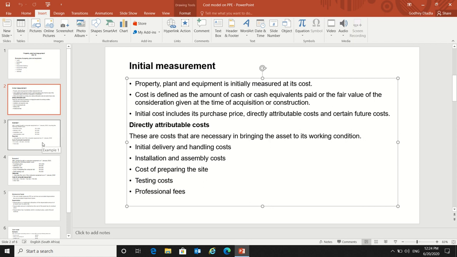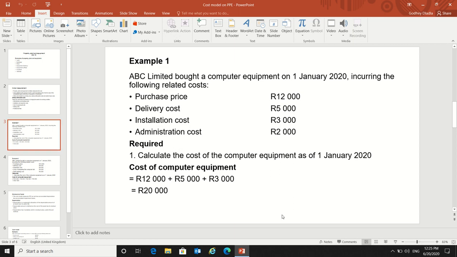Now let's move and look at an example. Here we've got a company, ABC Limited. ABC Limited bought a computer equipment on 1 January 2020, incurring the following related cost. The purchase price of the computer is 12,000, delivery cost is 5, installation is 3, administration cost is 2.